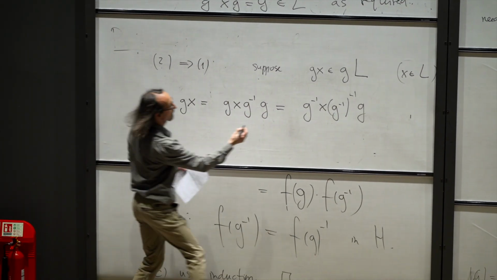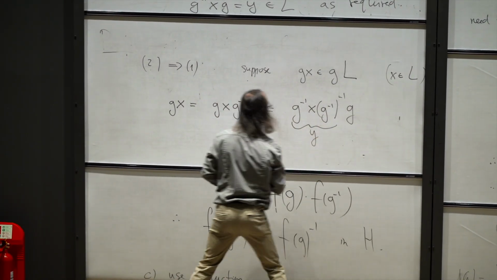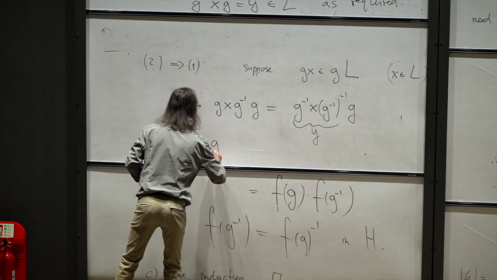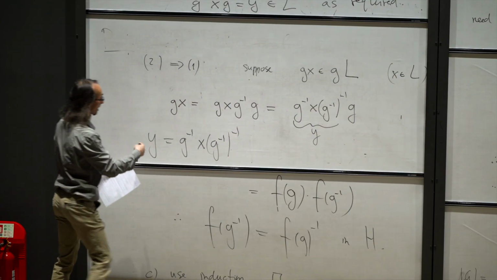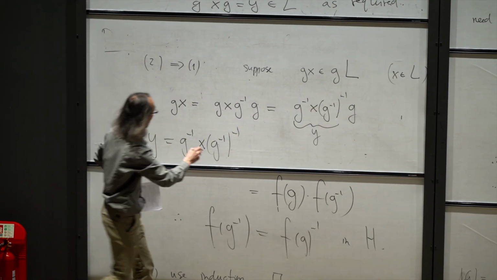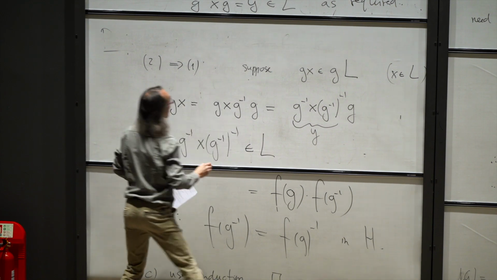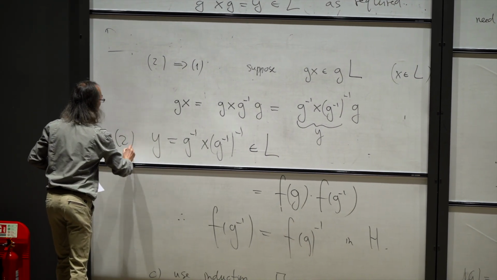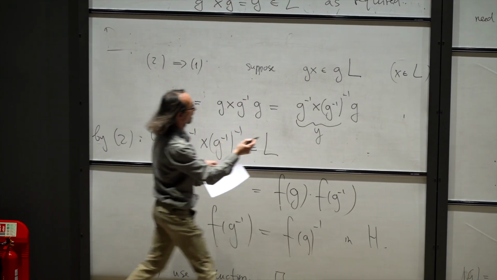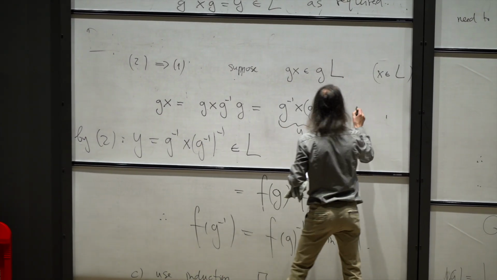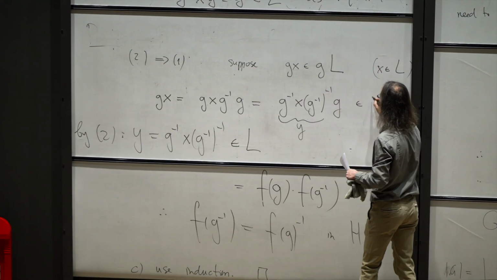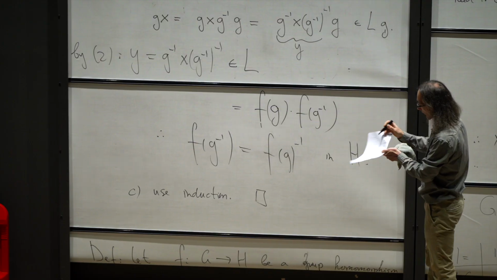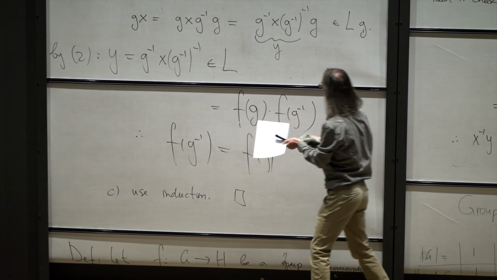So if I call this element y, equal to g x g inverse, now this element is in L because of 2, by 2. But then yg is in Lg. So I started with an element of gL, and I proved that it is in Lg.